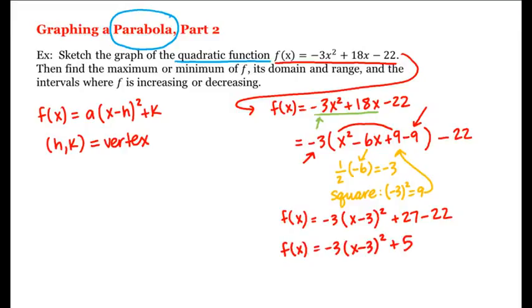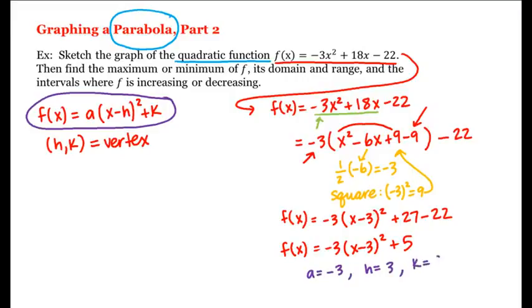And now comparing this to our vertex form, we see that a is equal to negative 3, h is equal to 3, and k is equal to 5. And since a is less than 0, our parabola will be opening downward, and our vertex is at 3, 5.